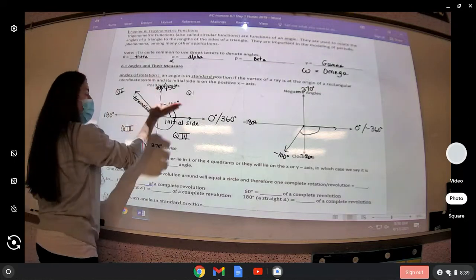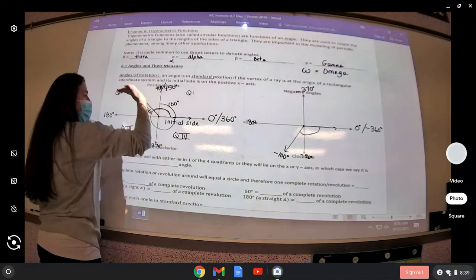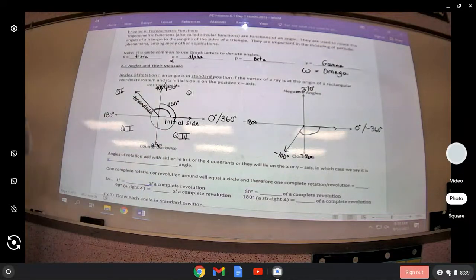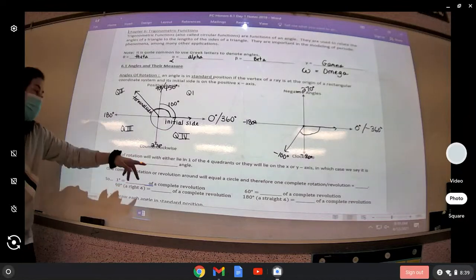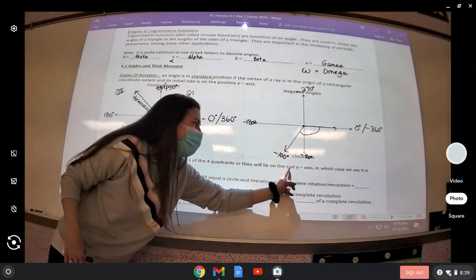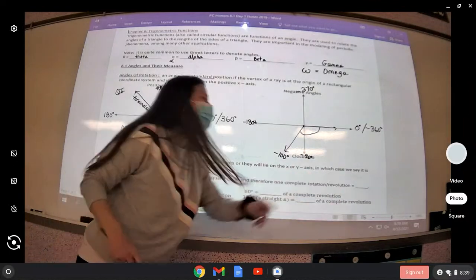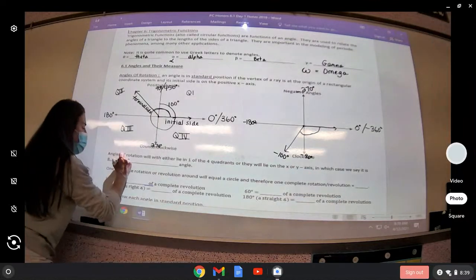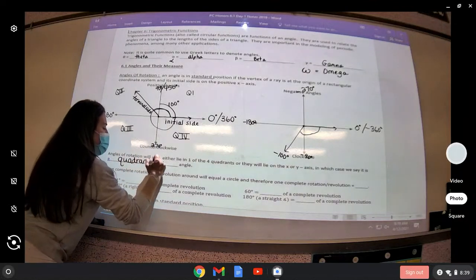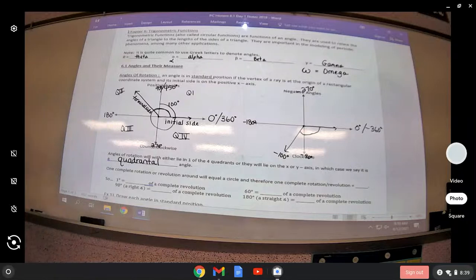And you are either on the positive x-axis, the positive y-axis, the negative x-axis, or the negative y-axis. I have that somewhere, we'll fill it in. All right? So angles of rotation, oh, here it is, will either lie in one of the 4 quadrants, or they lie on the x or y axis, in which case we say it is a quadrantal angle. It's in between quadrants, it's not actually in a quadrant.